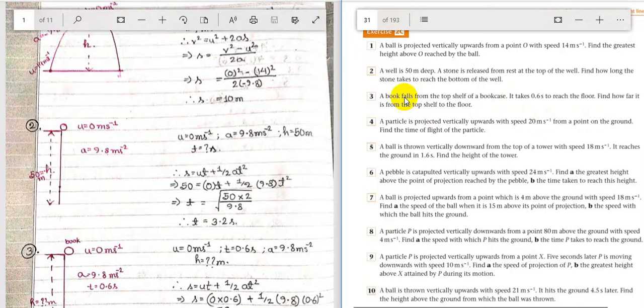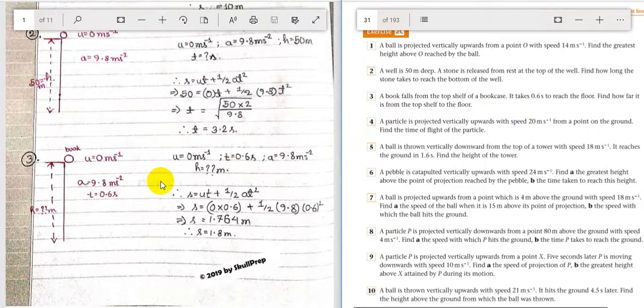Falls or drops means the initial velocity of that object is 0, or it has fallen from rest, so its initial velocity would be 0 meters per second, and the time is given. Since it has only fallen, that means single directional maths, and there is no sign change for the acceleration, so the acceleration is going to be positive 9.8 meters per second squared.